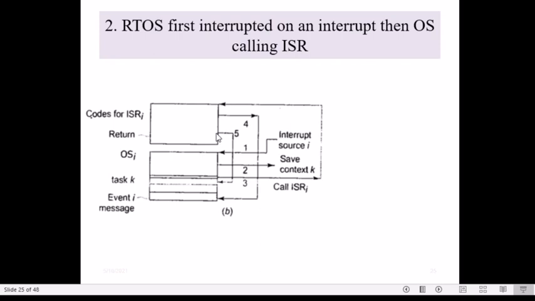And after the execution of the interrupt service routine, the control goes back to the operating system. The suspended process will be again loaded and it resumes its execution. So this is the second interrupt routine, that is, the interrupting source will inform the operating system about the interrupt, and the operating system calls the corresponding interrupt service routine.